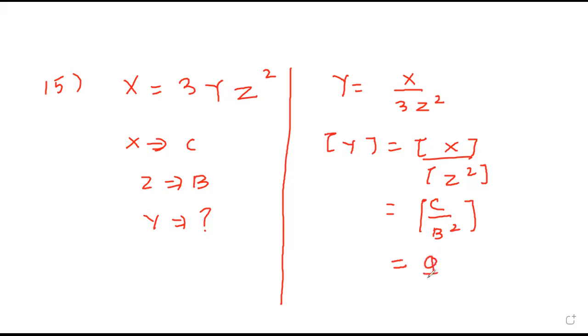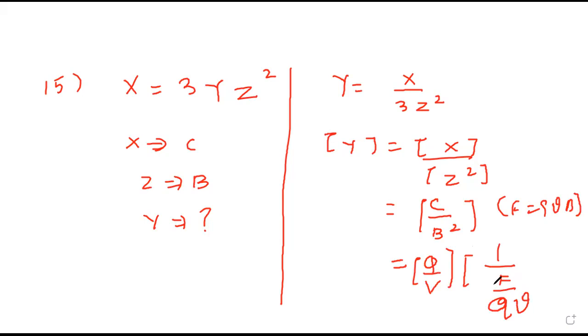C means Q upon V. And if you are remembering, F equals Q into velocity into B. So B will be F upon charge Q into velocity V, its square.